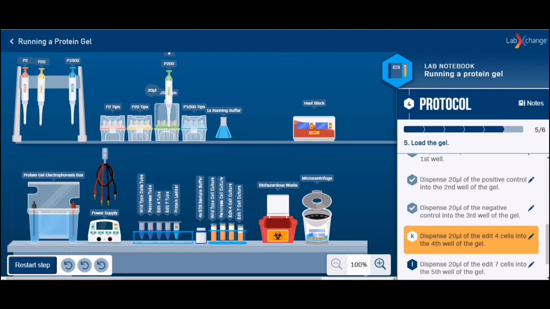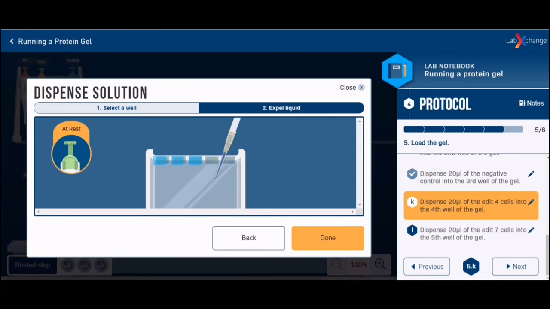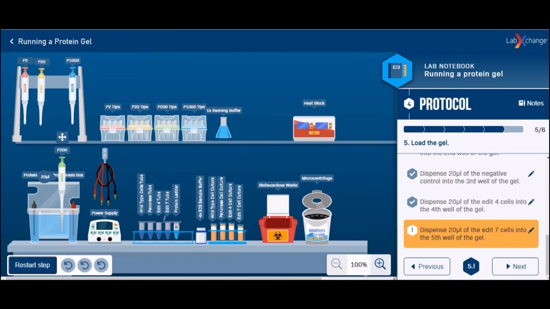And then we will dispense 20 µL of the added 4 cells into the fourth well of the gel. Finally, we will dispense 20 µL of the added 7 cells into the fifth well of the gel.